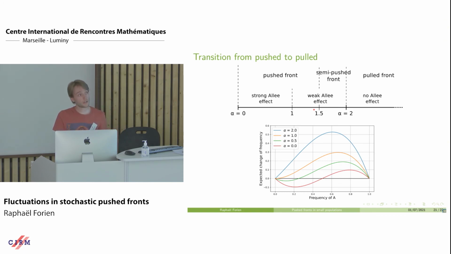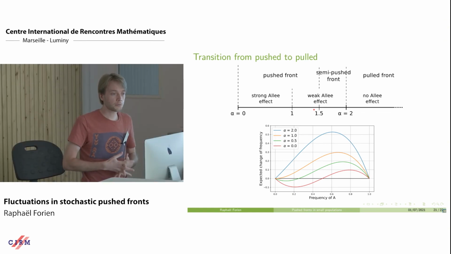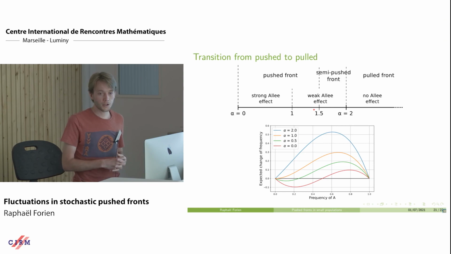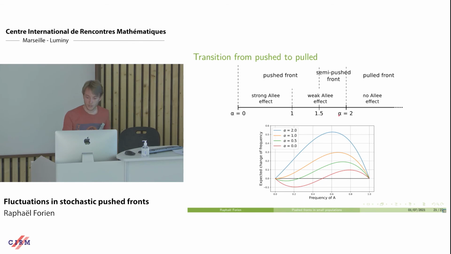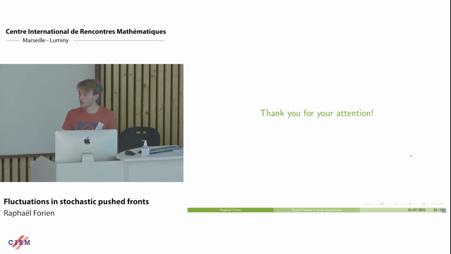So we hoped when we started that we would be able to prove things for alpha up to 3/2, but for very technical reasons, things become less well behaved between 1 and 3/2. And so for now, it's just a conjecture. Beyond 2, it becomes a pushed front, and so the correction term is going to be very nasty. And between 3/2 and 2, what happens is still a bit mysterious. Okay, and I stop here.